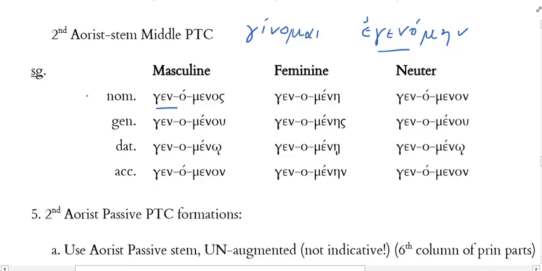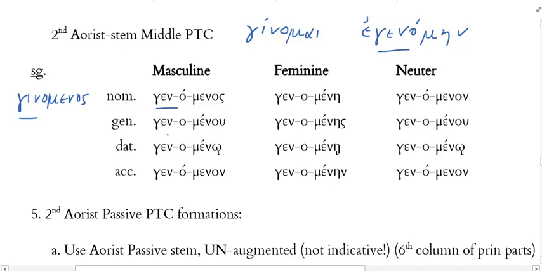How are we going to compare this with the present middle participle for genomai? It would be genomenos, and so forth. So see how they're almost the same. It's just the present stem versus the aorist stem, gen versus gen. All right, so let's read the forms together. Again, I've just given you the singular forms here. I've omitted the plural. Masculine, everybody.